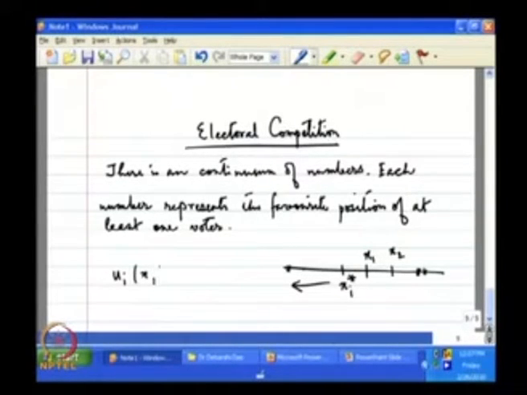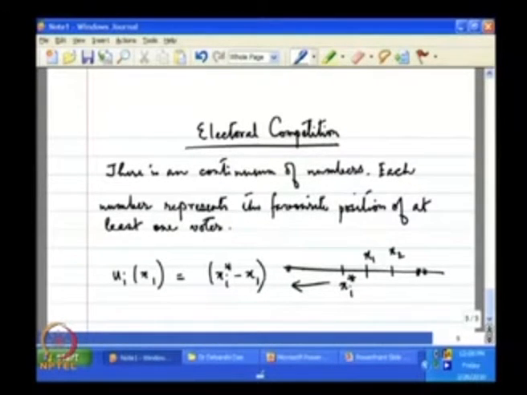Suppose x1. So, ui of x1 is representing the payoff of player i from the position x1. So, if the country is taking up this policy x1, then how does individual i like that? This can be represented by xi star. Xi star is his favorite position, and let us take this distance.